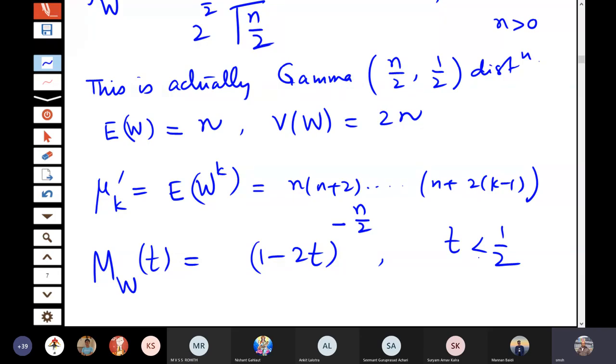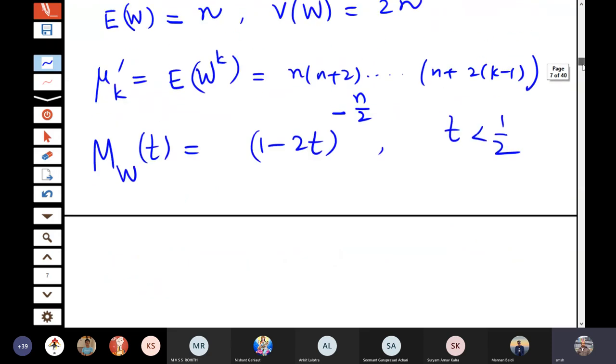Other things for gamma distributions are also known to us, so let me briefly write them down quickly here. For example, what will be the third one? The third central moment is 8n, which is positive.